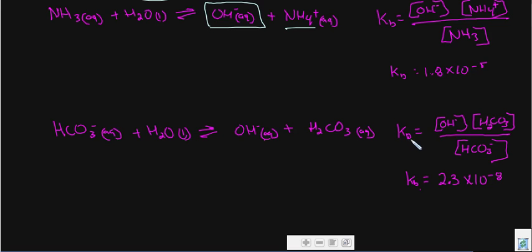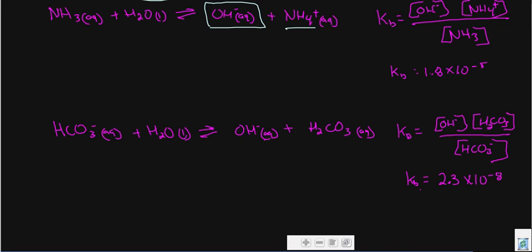Here's our base ionization constant: the products over the reactants, and you'll notice that this is a pretty small number, so this doesn't really happen very much. Actually, if you analyzed it the other way, it would be a little bit more, so this would contribute more to making acid than base. But that's why this particular ion makes a good buffer, which we'll talk about later. In quick comparison, you can see that clearly ammonia is a stronger weak base than the hydrogen carbonate ion.